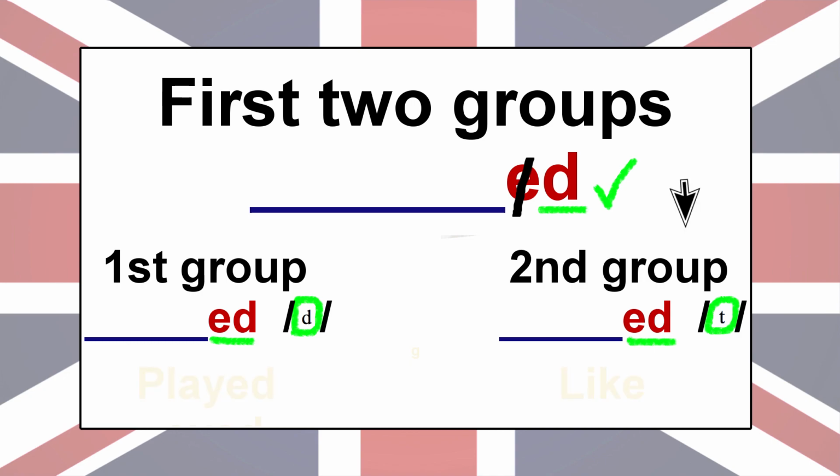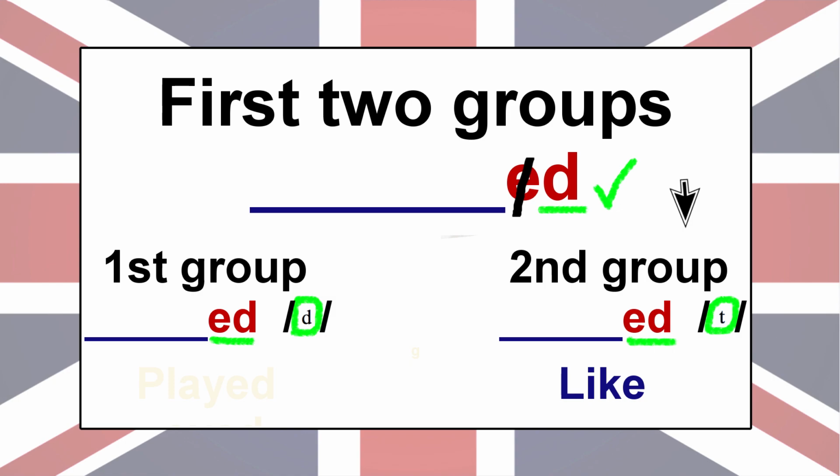Now, for the second group, we pronounce the D as a T. Why is this? Well, because the base verb sound doesn't quite make it easy for us to pronounce it as a D. For example, the verb like.